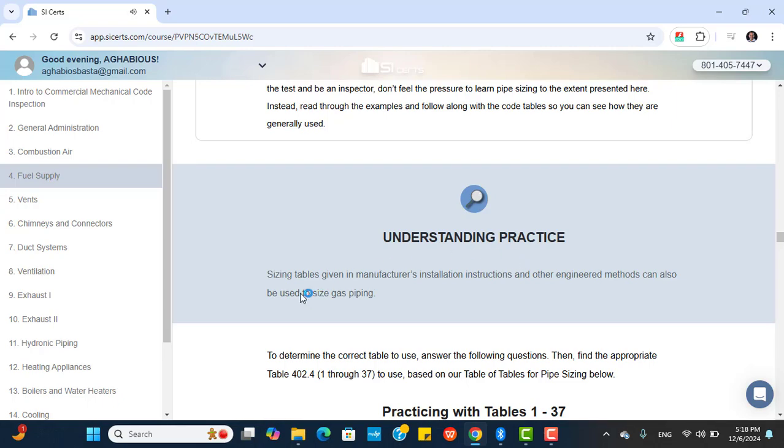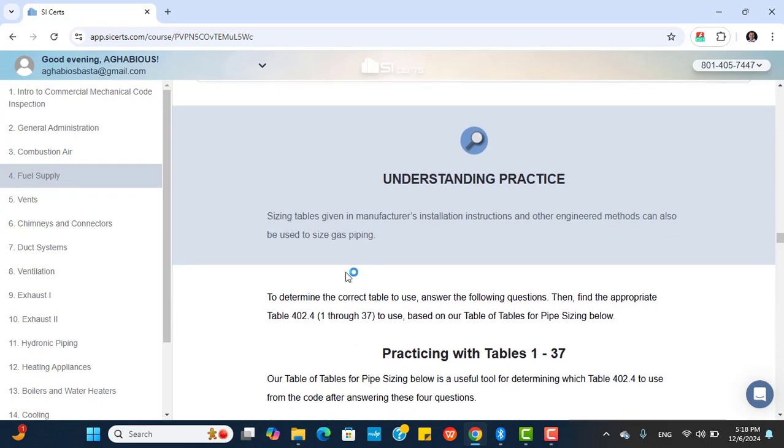Understanding practice. Sizing tables given in manufacturer installation instructions and other engineered methods can also be used to size gas piping.